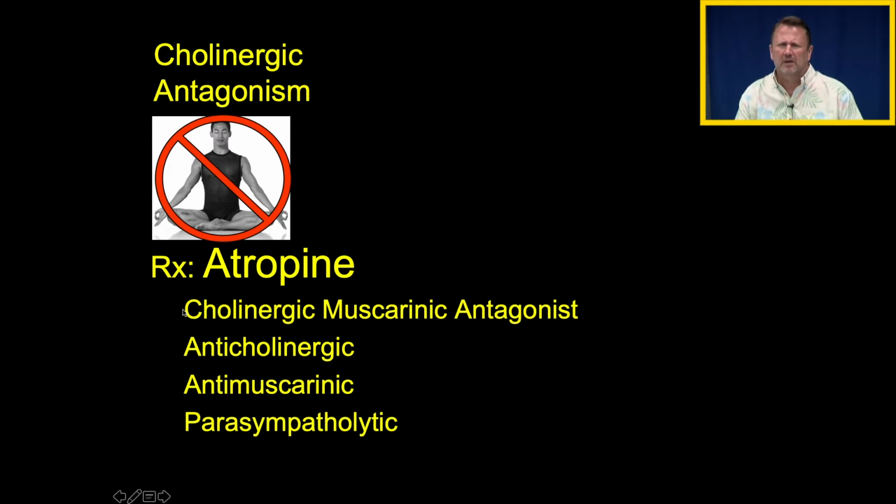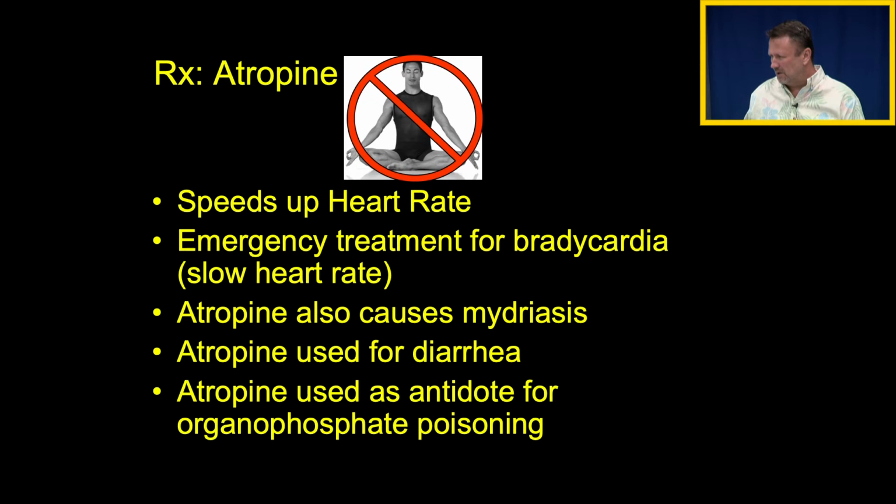And then somebody will say, oh, it's a positive chronotrope because it speeds up heart rate. Yeah, but it does a lot more than that. Atropine not only speeds up heart rate, we'll use it in the treatment of emergency bradycardia, which is slow heart rate. But atropine also causes mydriasis, pupil dilation. Atropine is going to block peristalsis in the bowels, and diarrhea is partly due to too much peristalsis in the bowel.